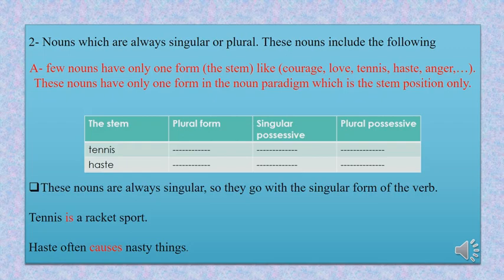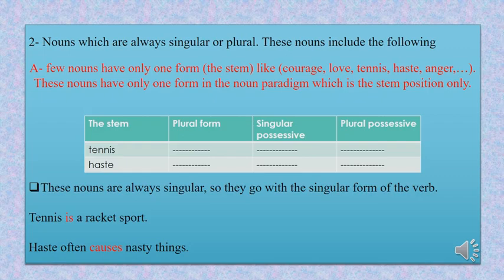So the noun paradigm of tennis includes only the stem. Haste is another noun. It has only the stem form. Haste is the stem. We do not have a plural form, singular possessive or plural possessive forms.